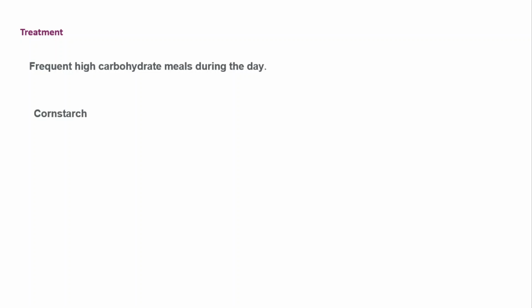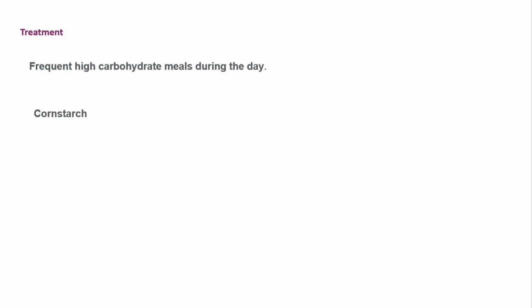Now the cell will utilize the glycogen to convert into energy, right? In the night, for example from 6 o'clock in the evening after taking the meal until 8 o'clock in the morning, approximately 14 hours, your cells will rely on the energy from glycogen only, right? You can understand the importance of glycogen here.